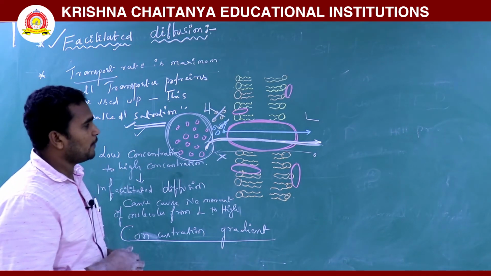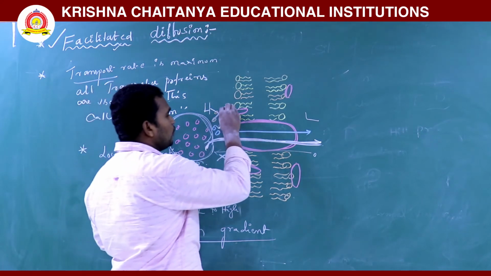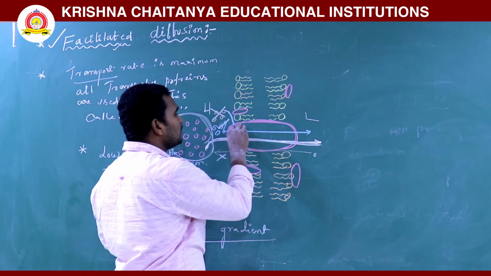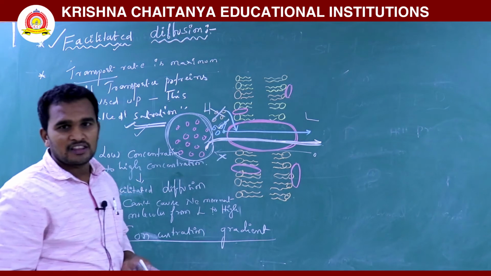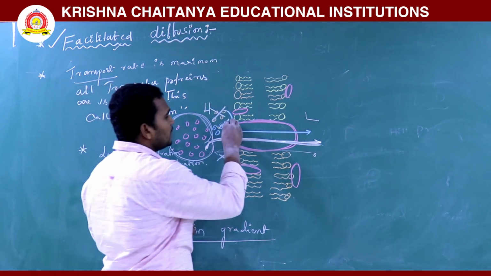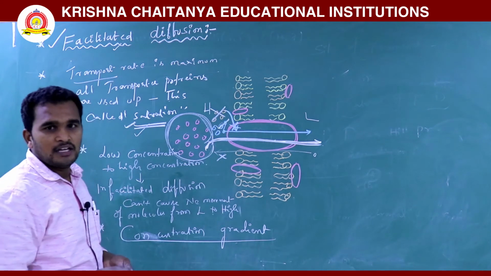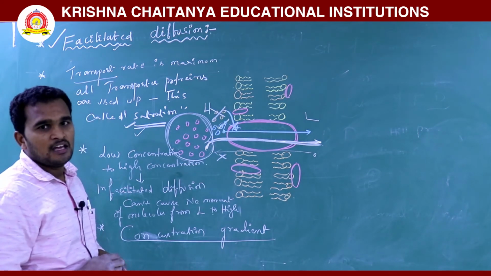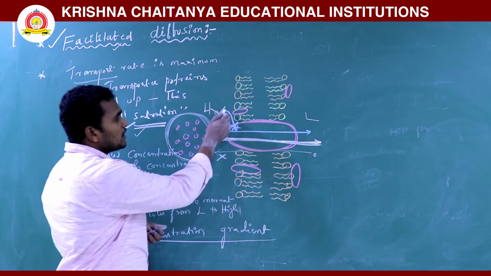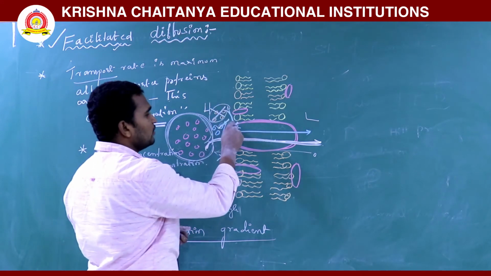Why highly selective permeable? These unknown substances react with the protein side chain, and the function will be stopped. That is, they also act as inhibitors.